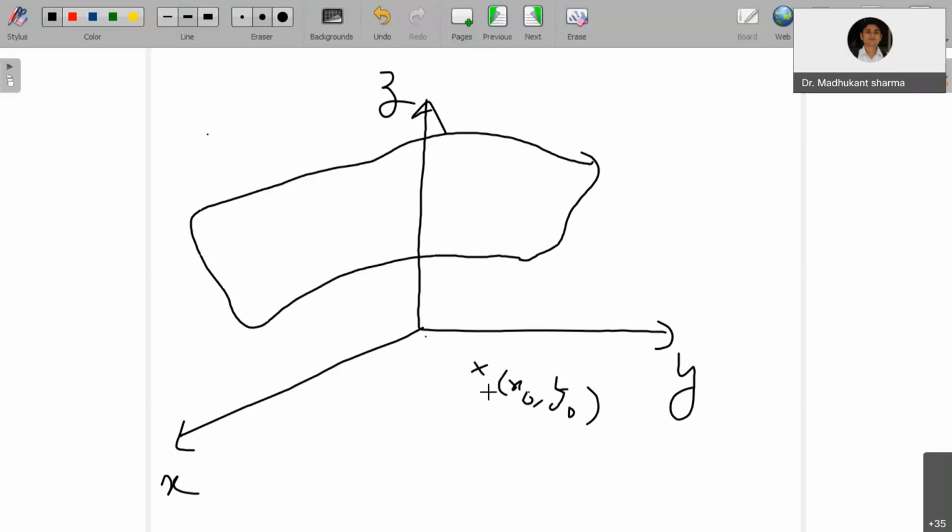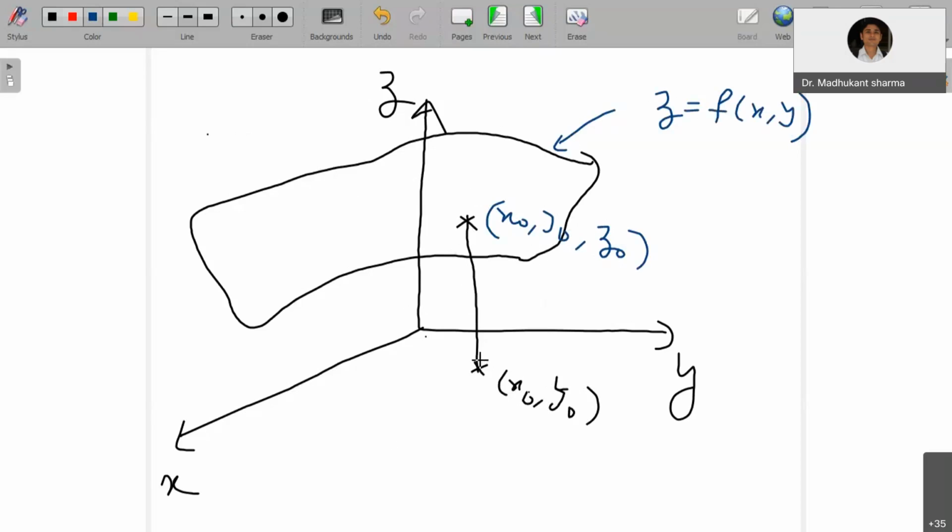The corresponding point on the surface will be x naught comma y naught comma z naught, and this is the surface z equals f of x, y. Now, the tangent plane is nothing but the horizontal plane, parallel to, you can say, the xy plane, passing through this point.